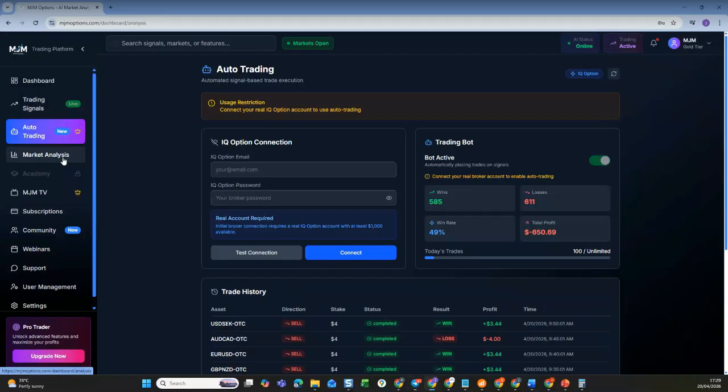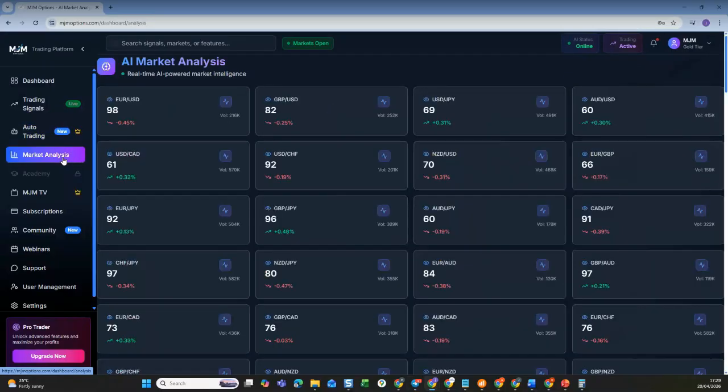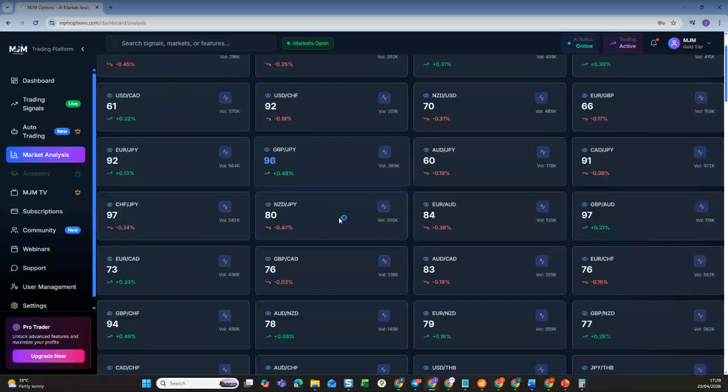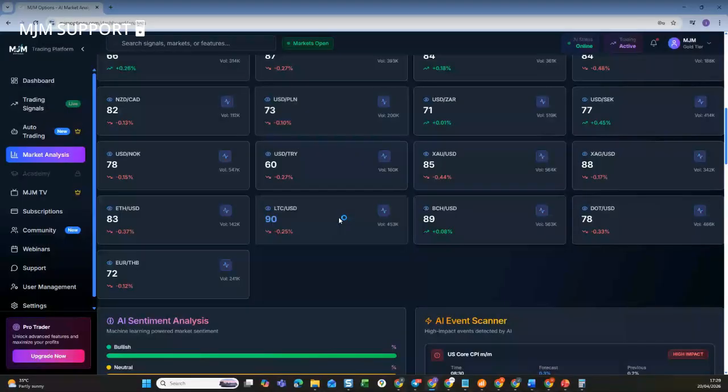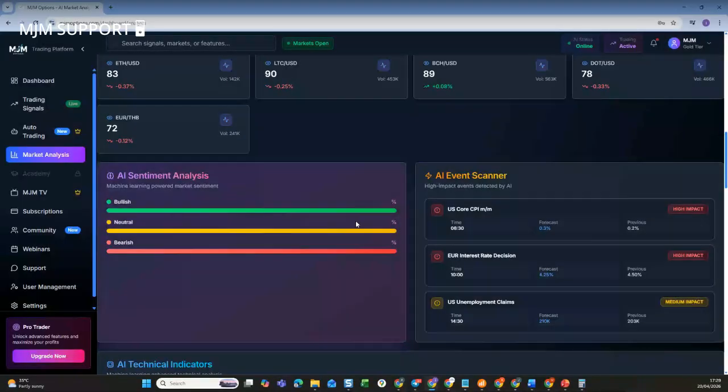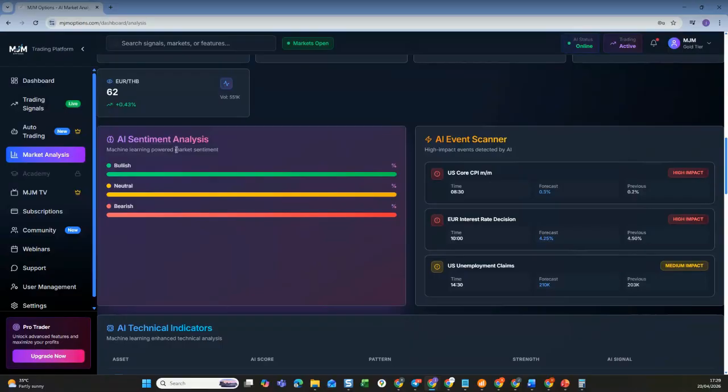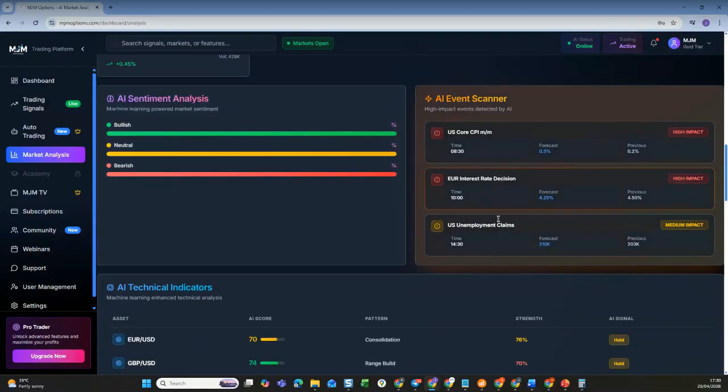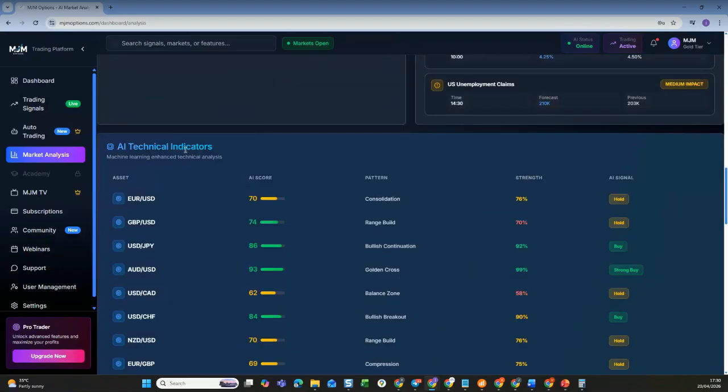So now the next part of the AI website is the market analysis. Market analysis talks about the analysis the AI makes use of before it can give you an informed signal. All three are here: we have the AI sentiment analysis, the AI event scanner, and the AI technical indicators.